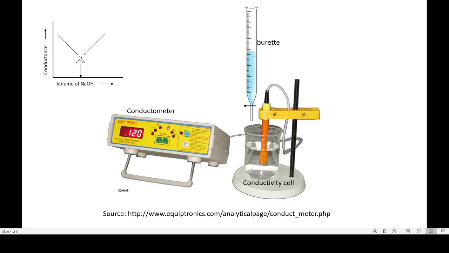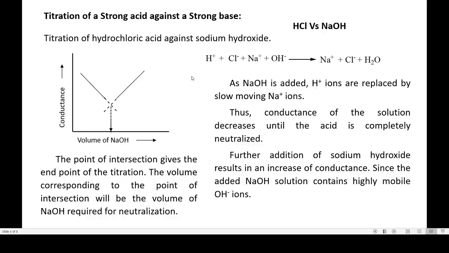The point of intersection gives the end point, and the volume on the x-axis corresponding to the point of intersection is the volume of titrant required for neutralization. This is how we do conductometric titration.